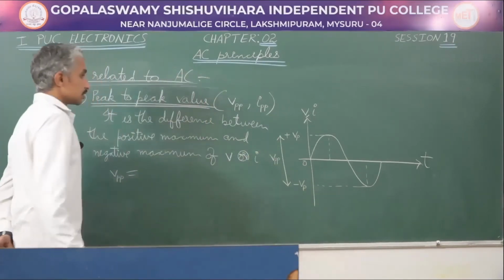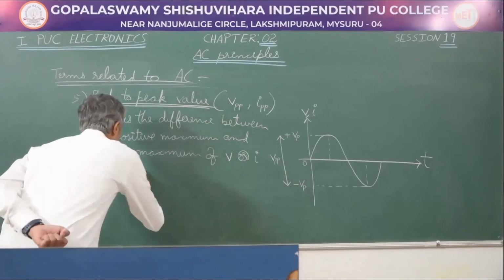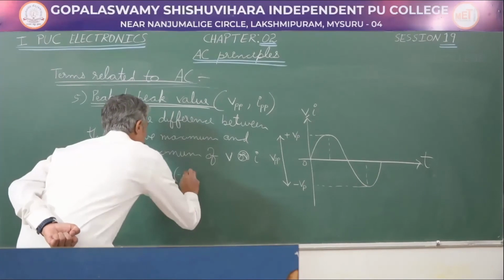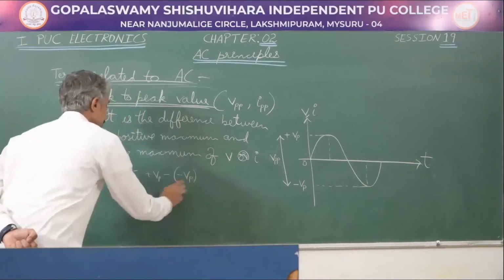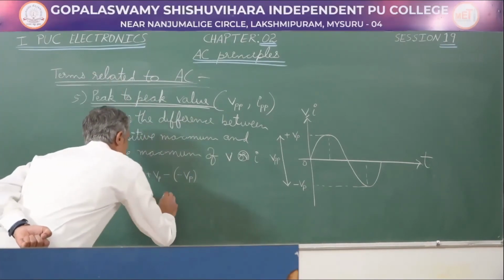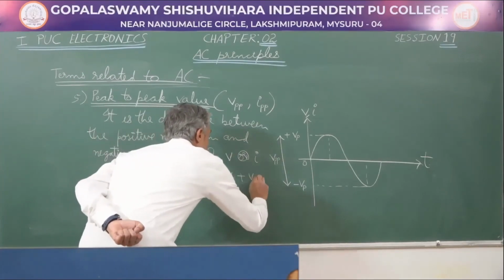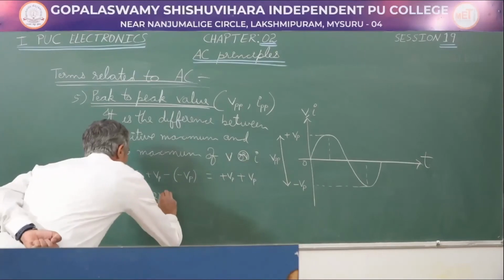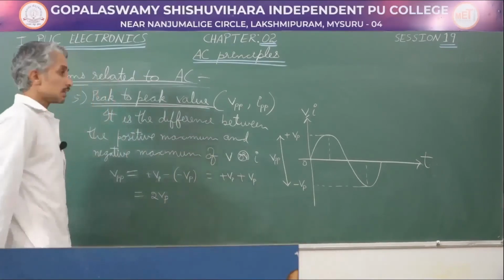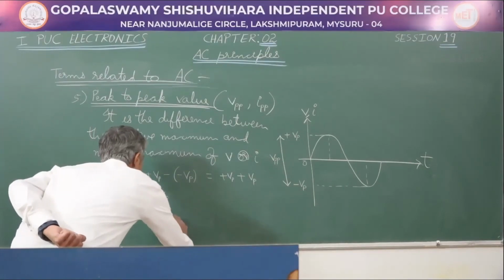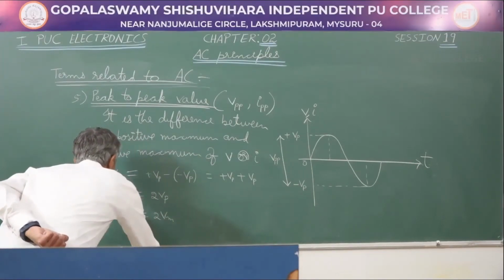So, if you measure the difference, it can be taken as plus Vp minus of minus Vp, which gives you 2 times the peak value. If not peak value, the maximum value.